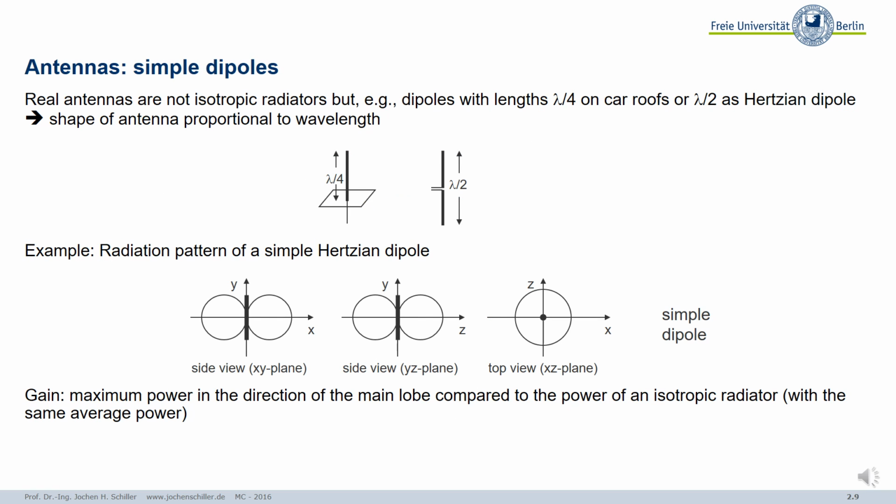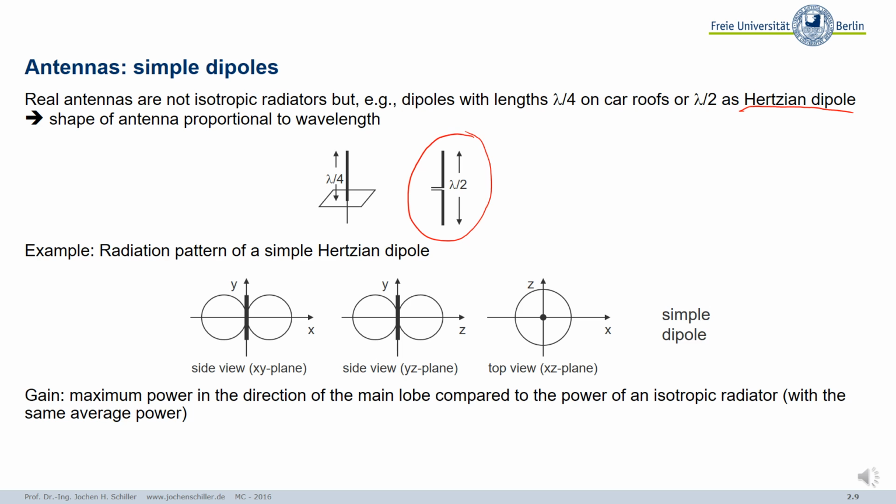Real antennas, well, that's exactly what Heinrich Hertz used. 1886, more than 100 years ago. Simple antennas, and they are not isotropic radiators, but you have to build them somehow. And the very basic design of an antenna, that's also called a Hertzian dipole, is shown here.